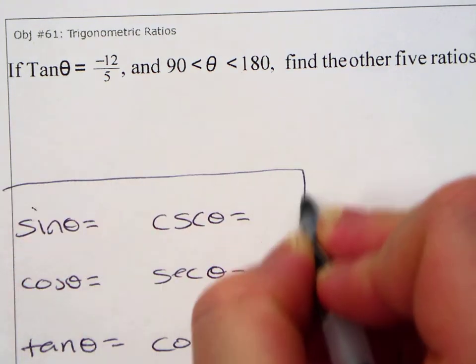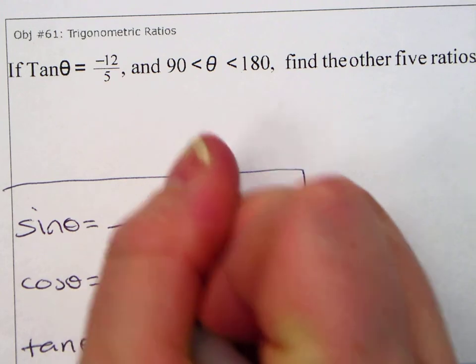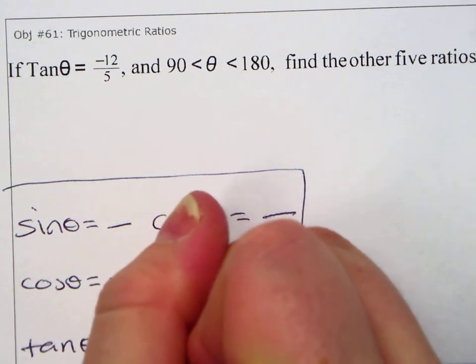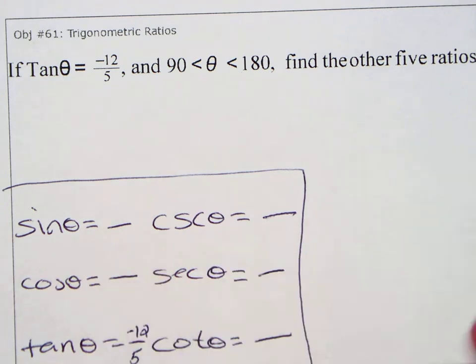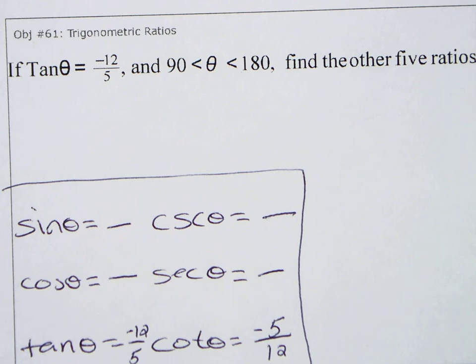And kind of box this in so I have space. And I know this is negative 12 over 5. Without doing any work, we can flip it, right? 5 over 12, and it's negative. I always put the negatives on top. It's just habit. You can put the negatives anywhere you want.